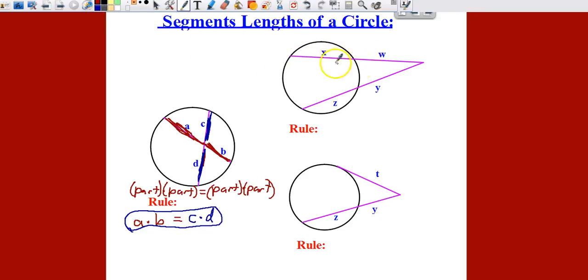That rule is kind of an obscure rule, but I like to write outer times whole, like the whole thing, equals outer times whole.